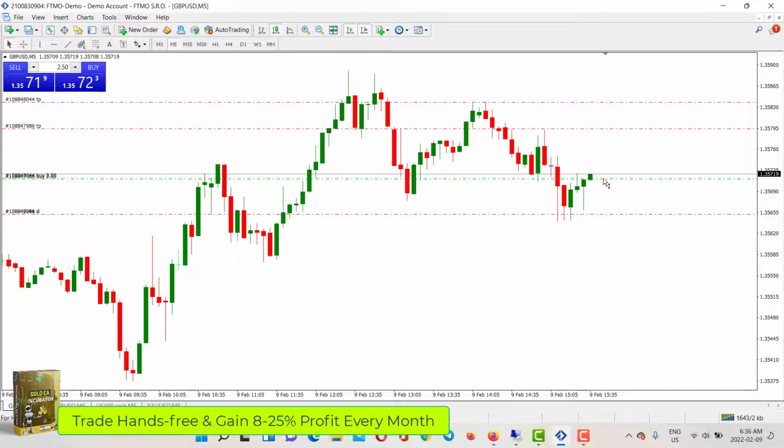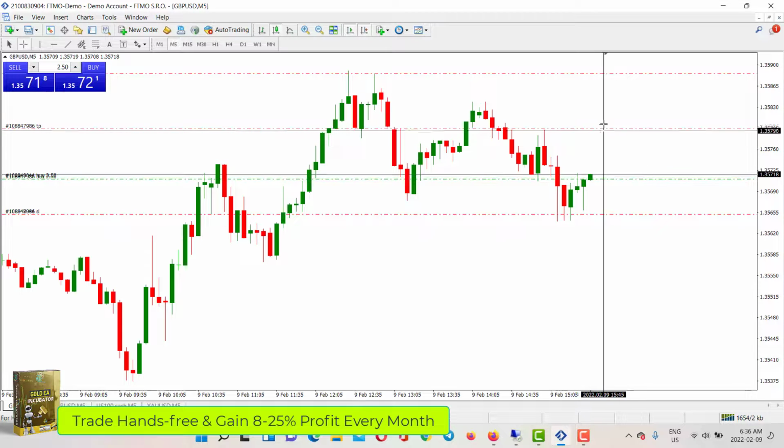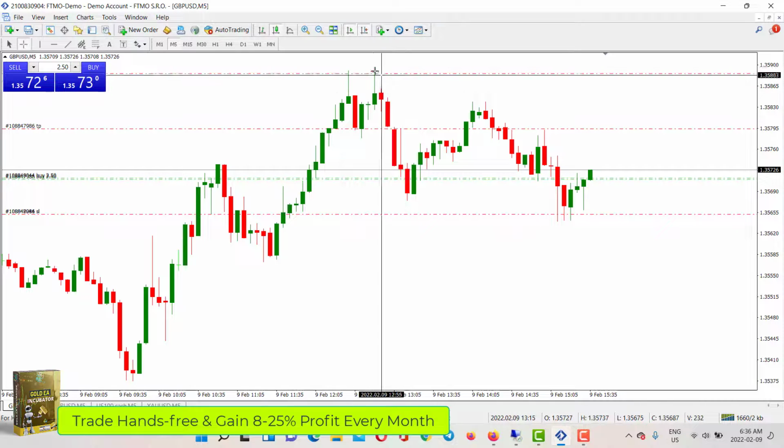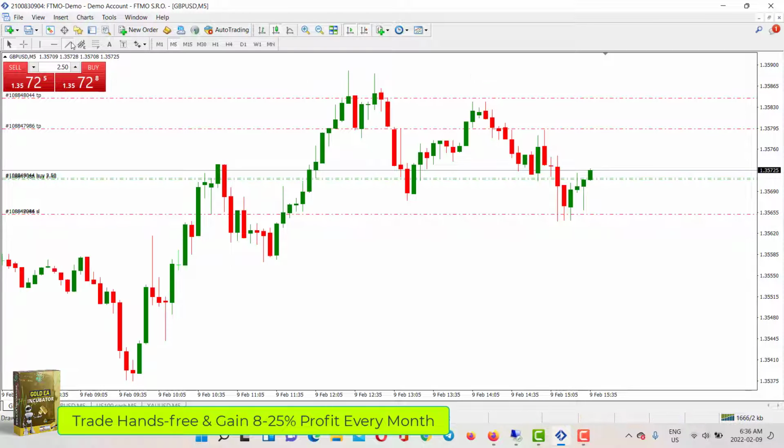As you can see, I got two positions here with the same stop loss, one TP right here and one TP right here. I can move the other TP here to get more profit, but if it taps into my first TP, I'm going to move the second stop loss to break even and make it a risk-free trade. There's a high chance that it goes all the way here, but I can close it here as well. There's no problem with that.